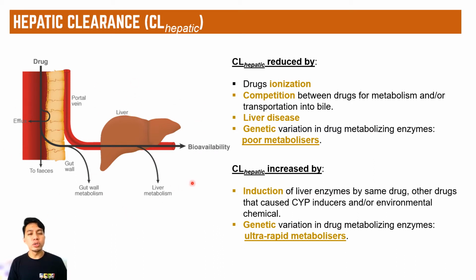Hepatic clearance can be increased by the induction of liver enzymes by the same drug or by another drug, due to drug-drug interactions that cause the cytochrome to be induced or enhanced by environmental chemicals. Besides that, those who are ultra-rapid metabolizers due to genetic variations in drug metabolism enzymes can also have increased hepatic clearance.